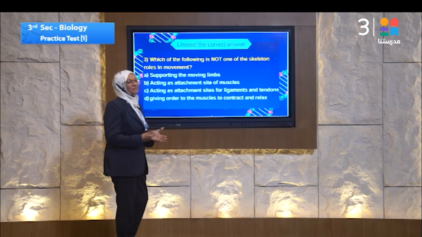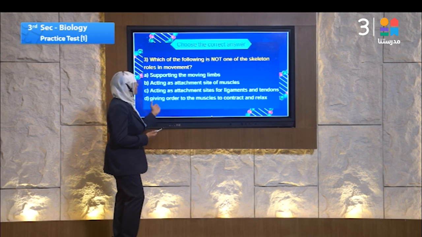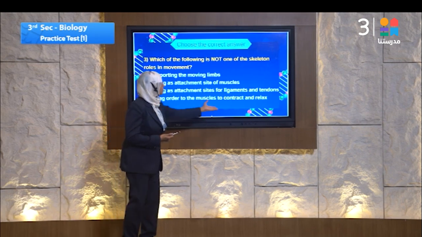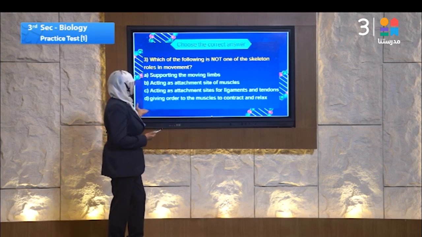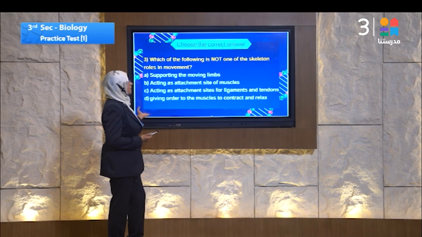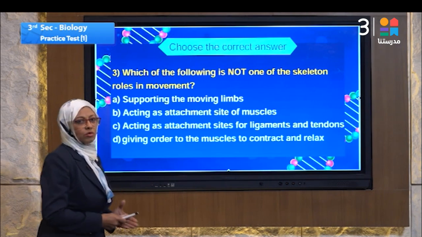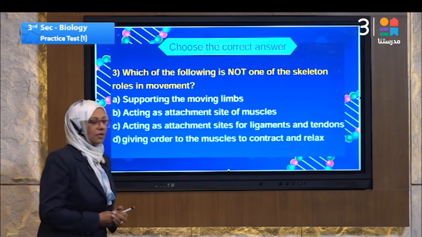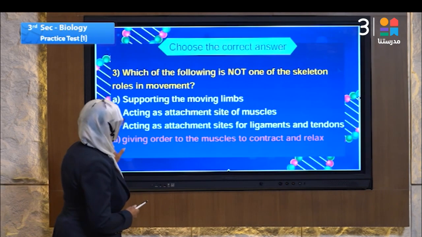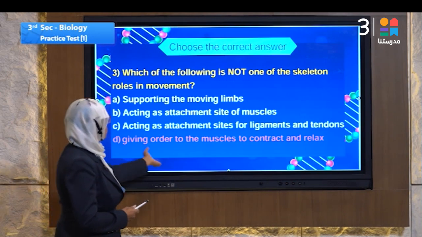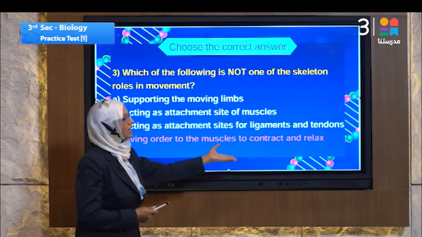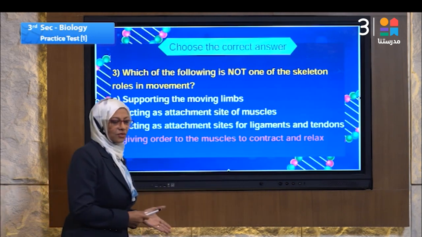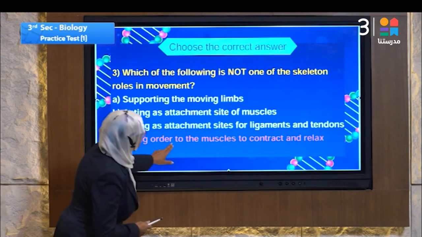So the answer must be D, giving order to the muscles to contract and relax. That's not the role of the skeleton. The role of the skeleton is not to give an order, that's a nerve's job. So the answer must be D. Let's go to number 4.